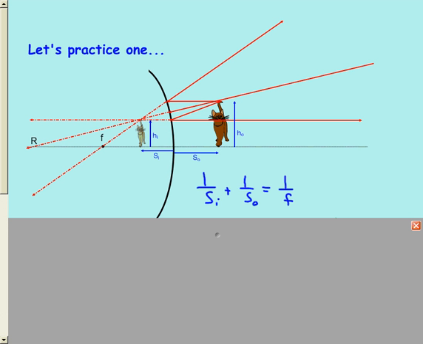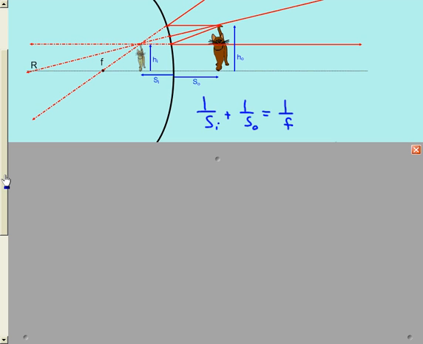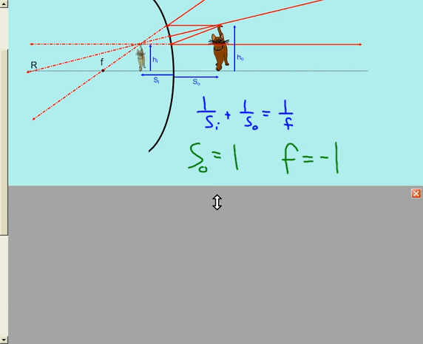Let's practice one. All right. Here's our example from the convex mirror. Okay. So I'm going to write down our lens equation, and I'm going to just make a decision. Okay. The distance to the object and the distance to the focal point are about the same. So I'm going to call them 1, just to make our math very easy.